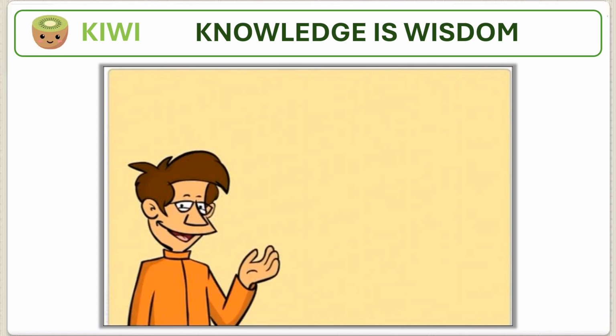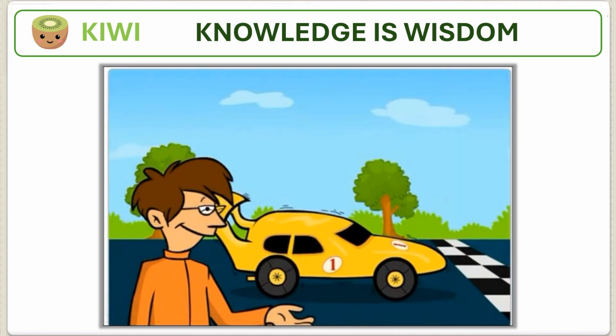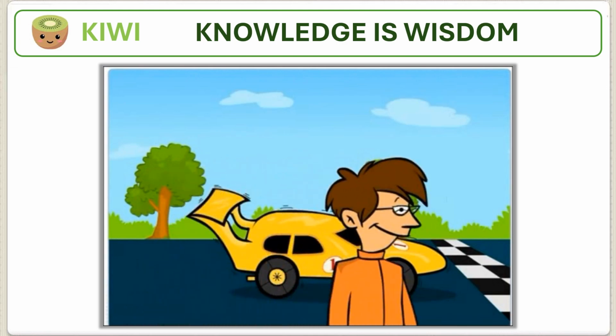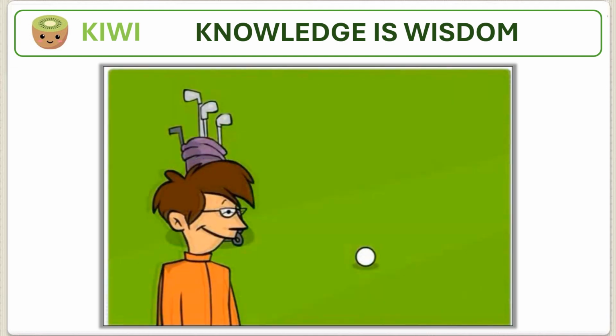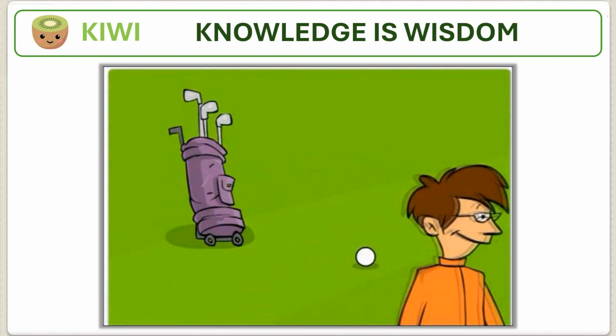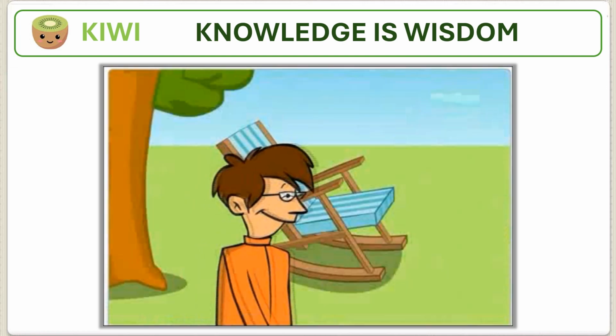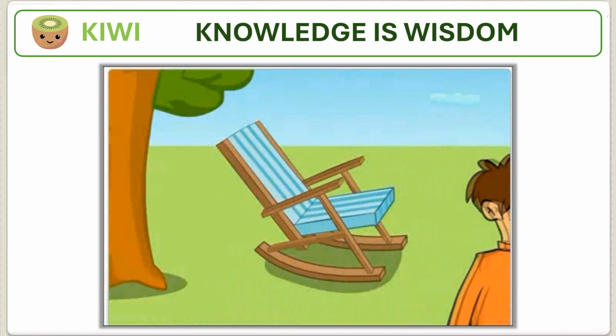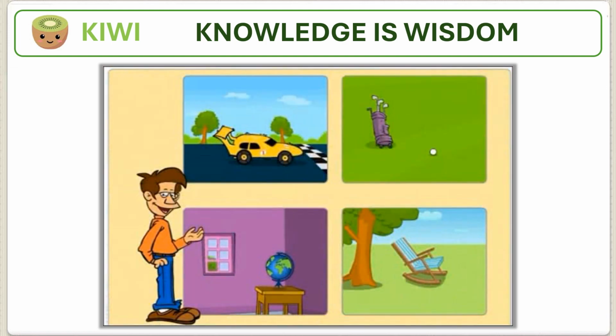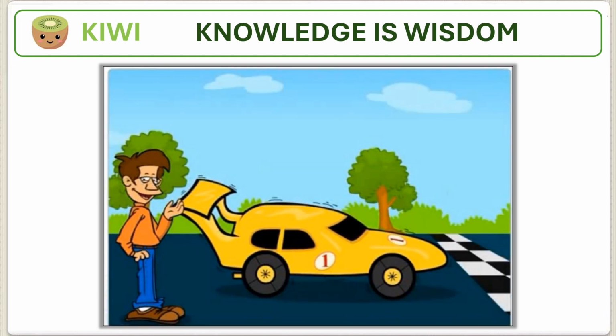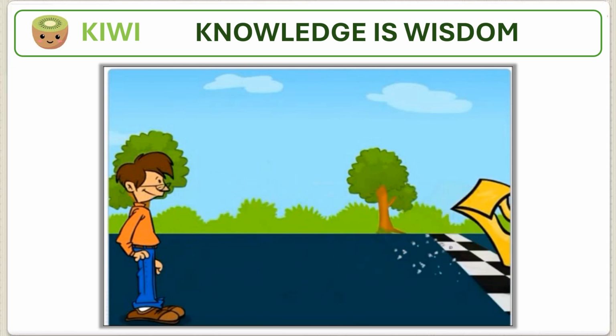Let's take a look at some familiar objects. When I move among these objects, there is no change in the position of these objects. That's because these objects are at rest. Now let's see what happens when these objects move. Wow!